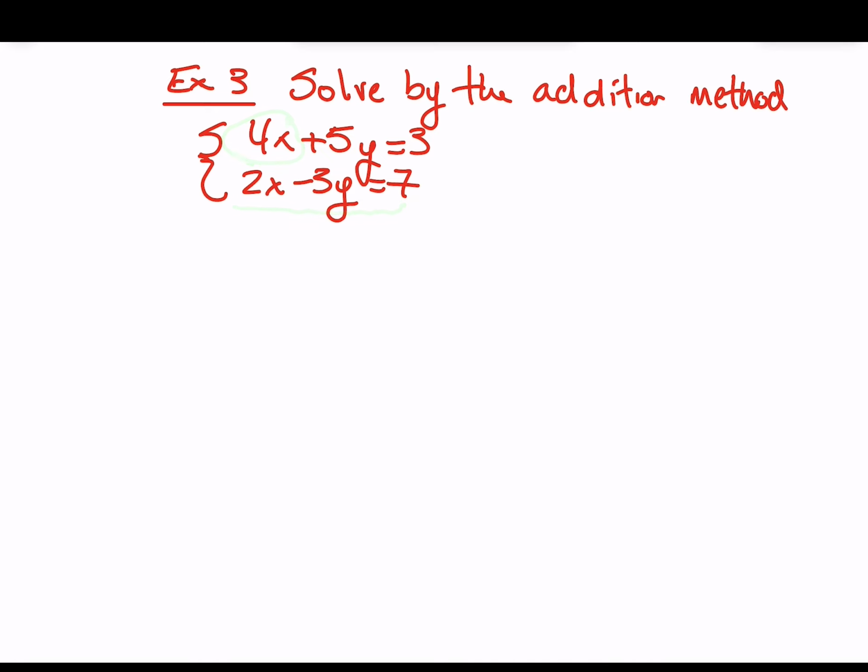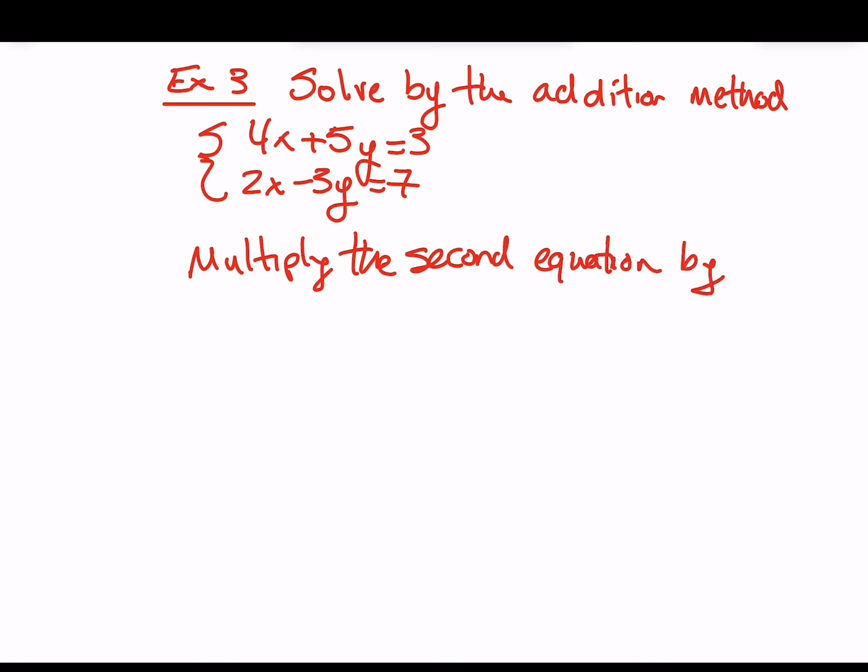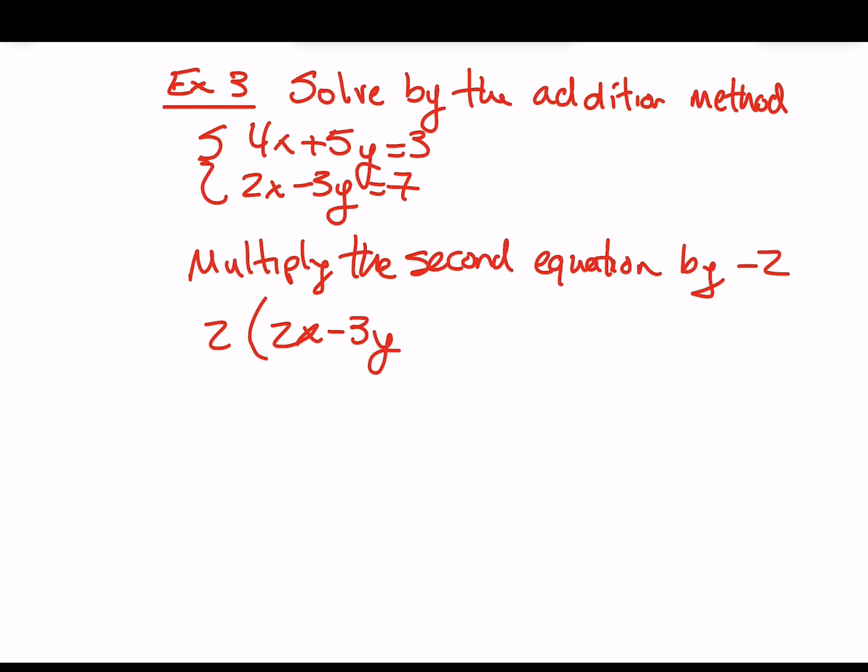Now, 3 and 5 don't have any common factors, they're both prime, but 4 and 2 do have a common factor of 2. So what we can do to try and get rid of the x is find something that we can multiply this second equation by to get a negative 4x. Well, we can do that by multiplying this second equation by negative 2. So we multiply the second equation by negative 2. So on the left-hand side, that's negative 2 times 2x minus 3y.